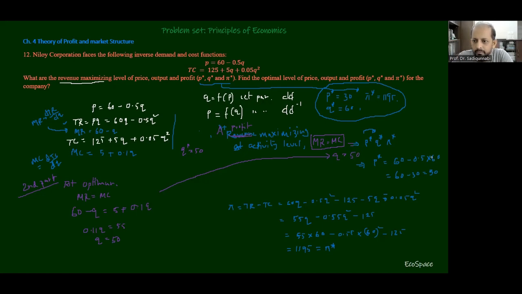Then we can find P star: 60 minus 0.5 times 50, so 60 minus 25 equals 35. So P star equals 35.